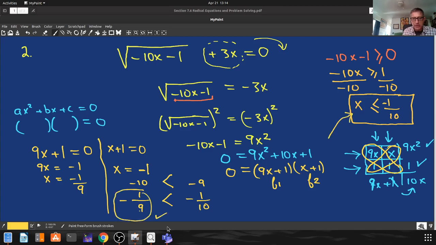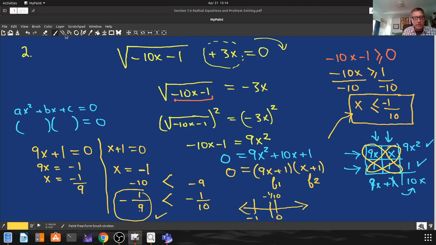So that's going to work. Is minus 1 less than minus 1/10? Sure. Because if I do my number line, right here is 0, right here is minus 1, and minus 1/10 would be about right here. So both of these solutions work.